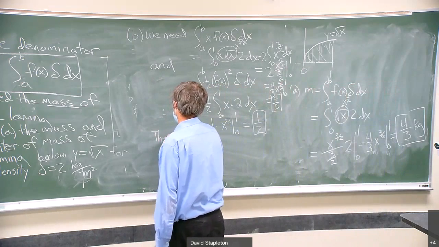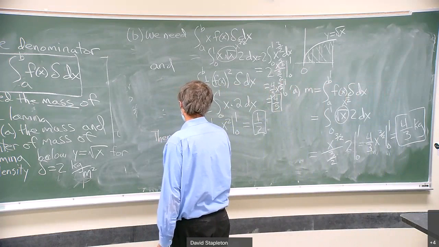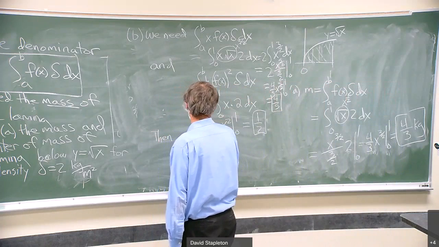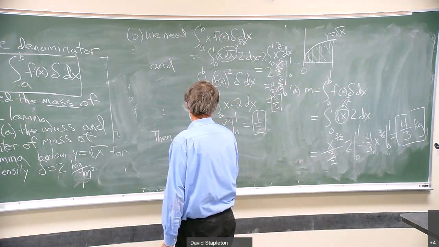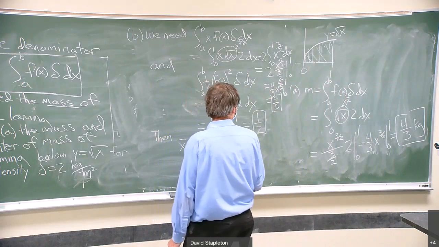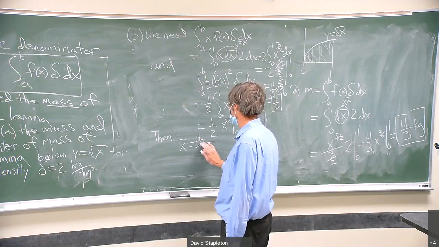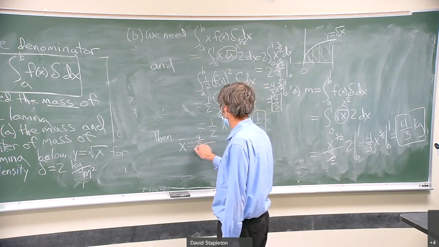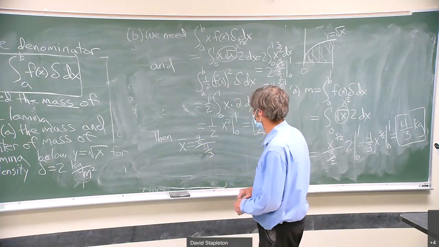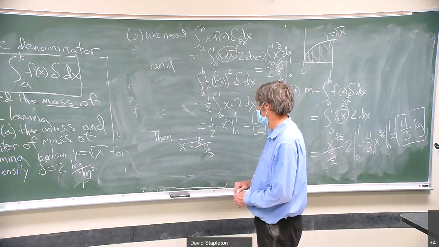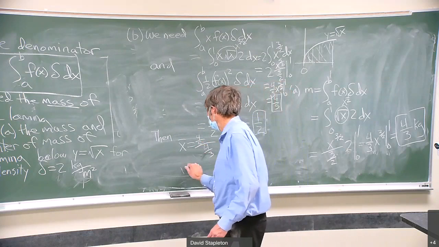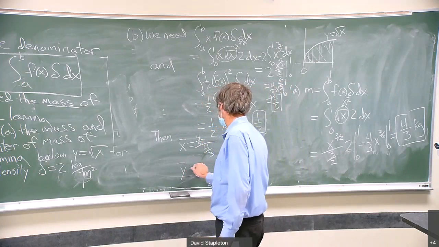Then x bar is the number we computed here, 4/5, over the mass that we found, which was 4/3. So the moment of mass in the x direction is 4/5. The mass of the object is 4/3. And y bar is the second integral we calculated, 1/2.